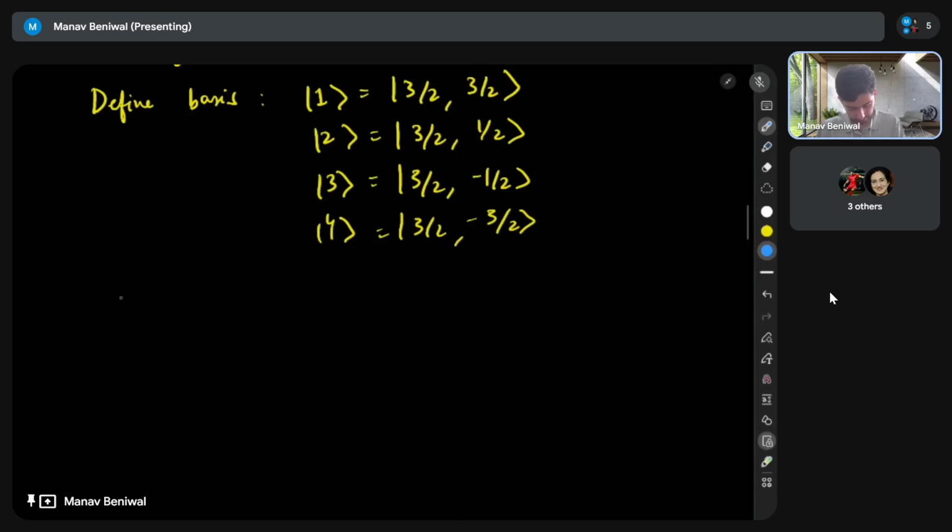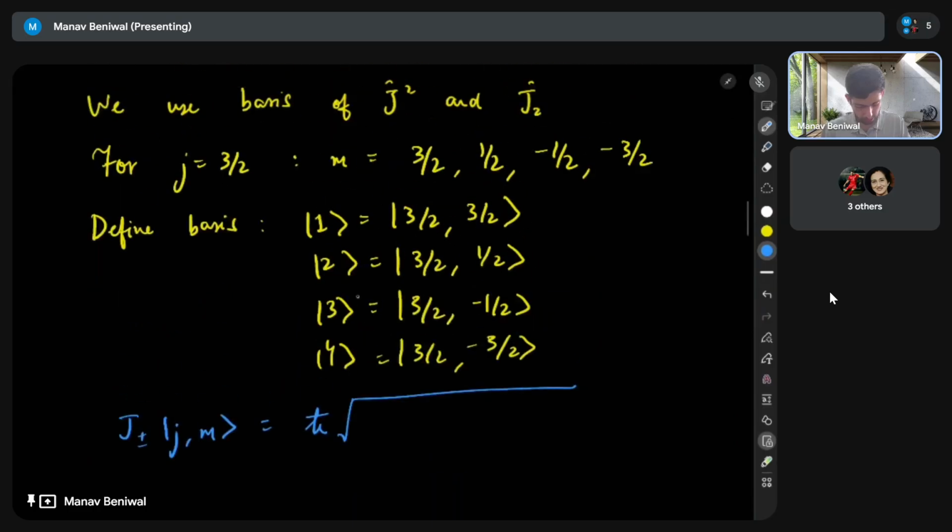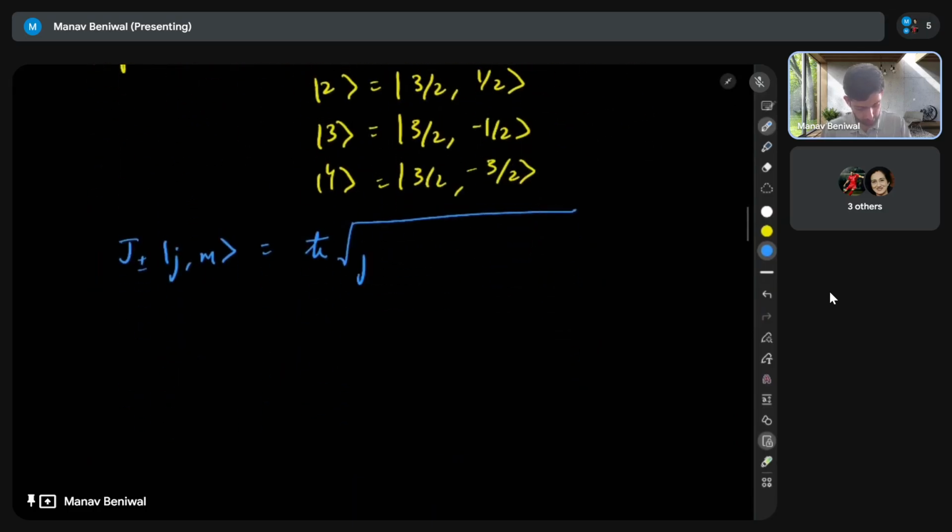Now, we know that we have these ladder operators J plus minus, and when they operate on a state j comma m, we get h cut times the square root of j(j+1) minus m(m plus minus 1), and then the state goes to j, m plus minus 1.